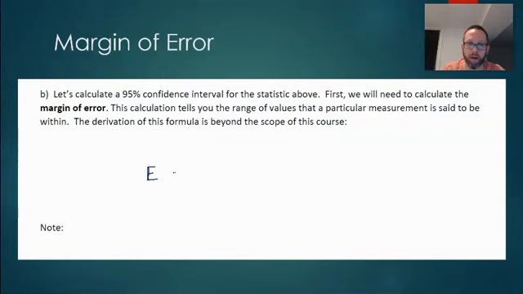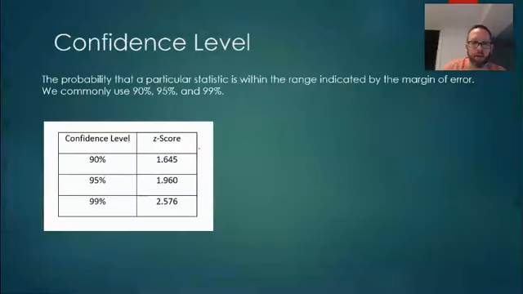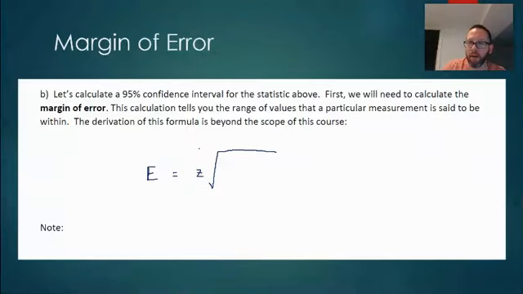So to get the margin of error, you take the z-score associated with whatever confidence level you're talking about. In this case, for our 95% confidence level, we'll use the z value of 1.96.